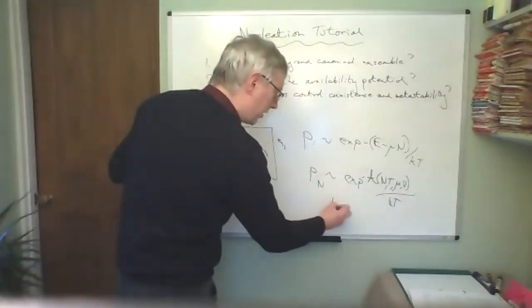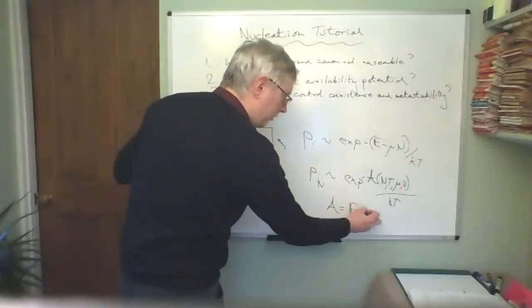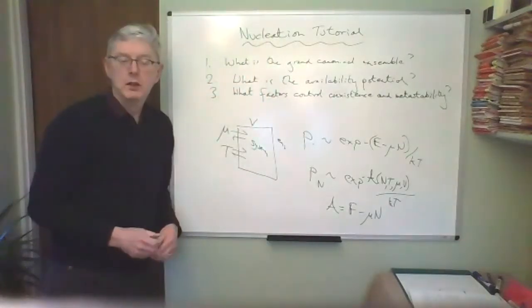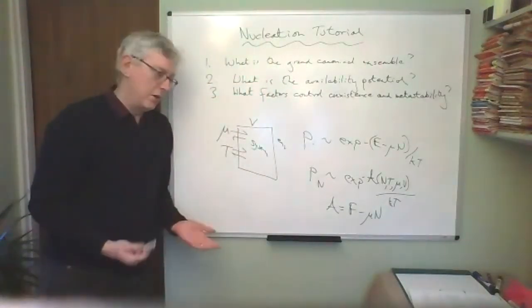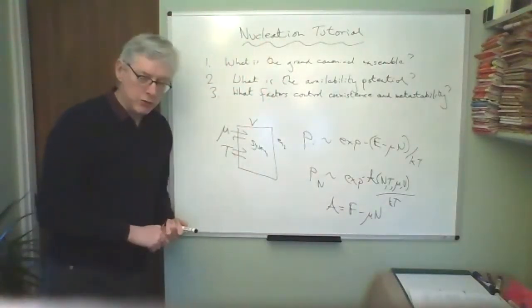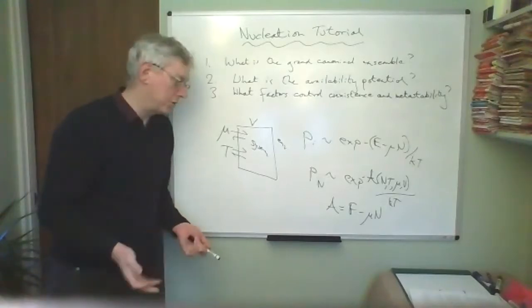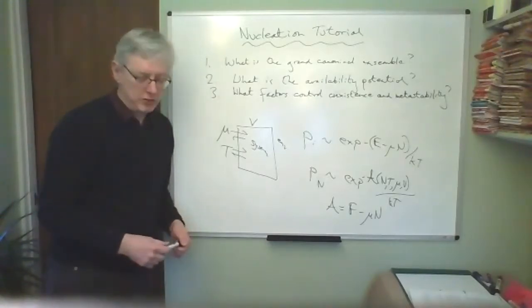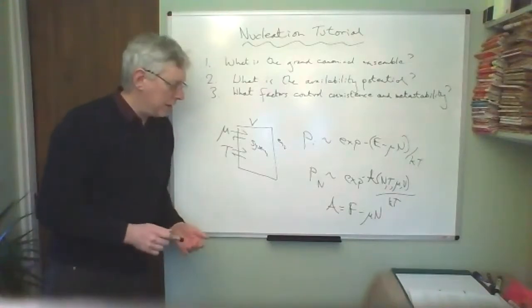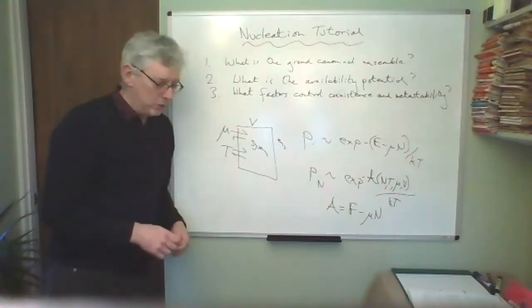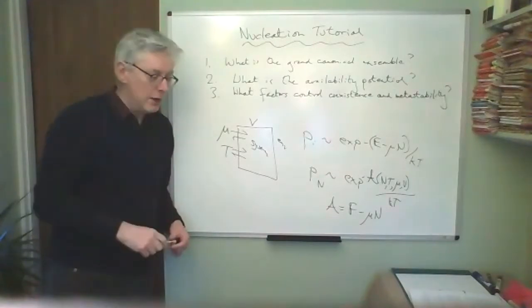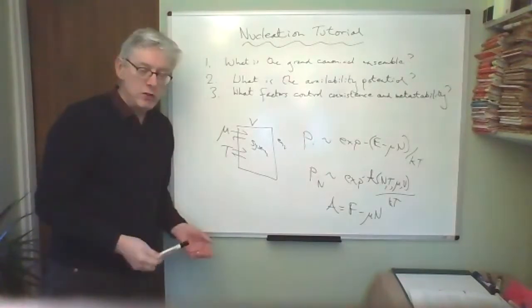The availability potential is, very simply put, just the difference between F and mu n, which are themselves thermodynamic potentials, the Helmholtz free energy, and the chemical potential times the number of particles. This is perhaps something you've never come across before, but the name availability has been around since the 19th century and is applied to situations of phase change.